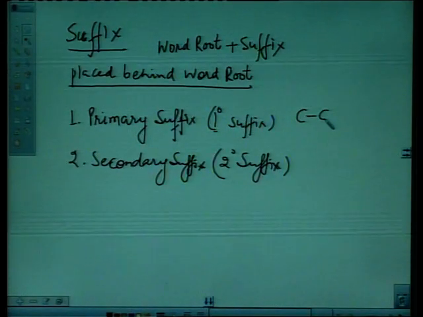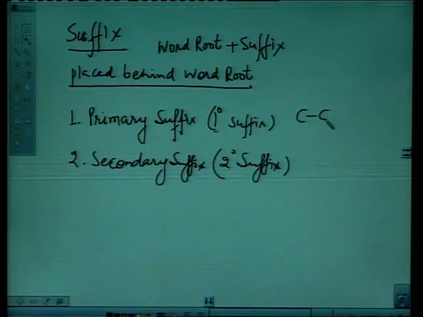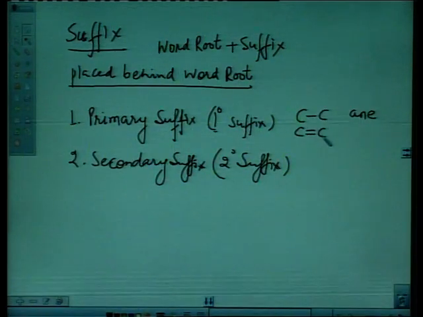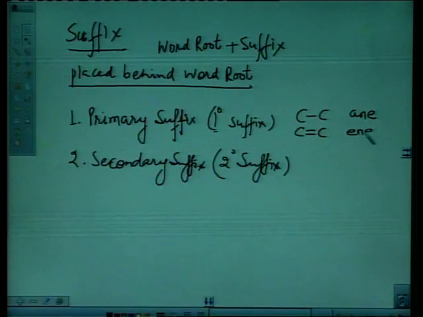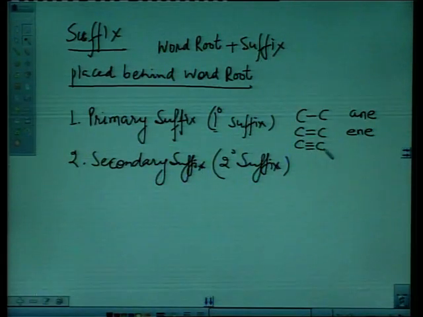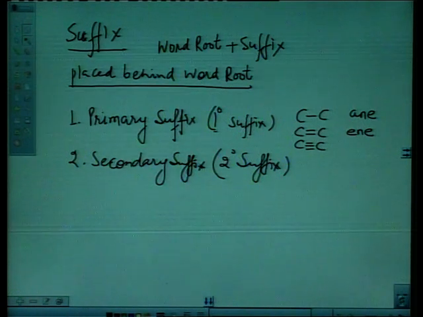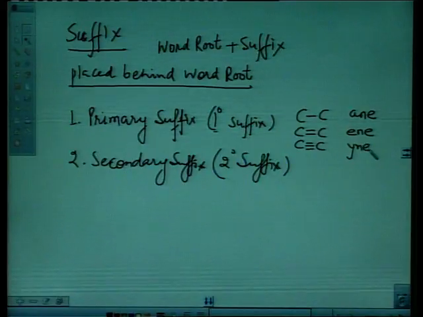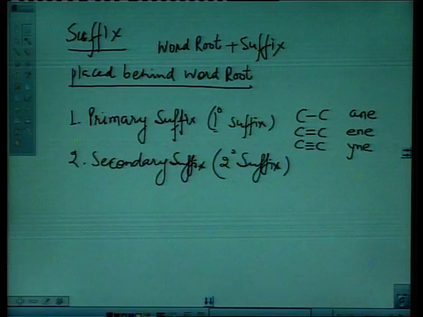So, if there are all single bonds in carbon-carbon, then the suffix is "-ane". If there is a double bond, then "-ene", and if there is one or more than one triple bond, then the suffix is "-ine".